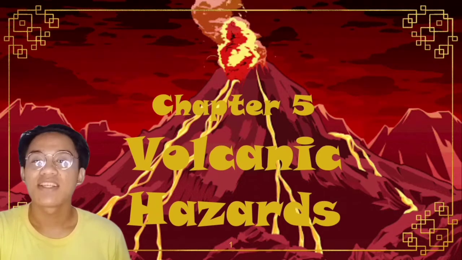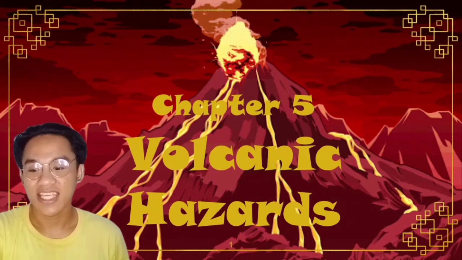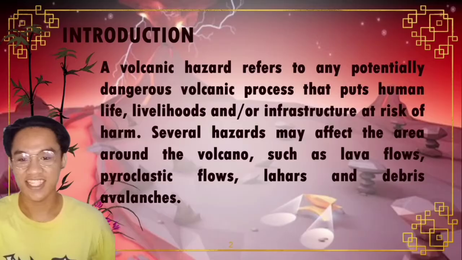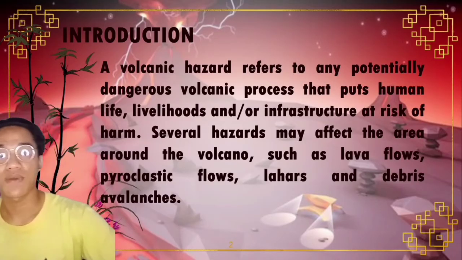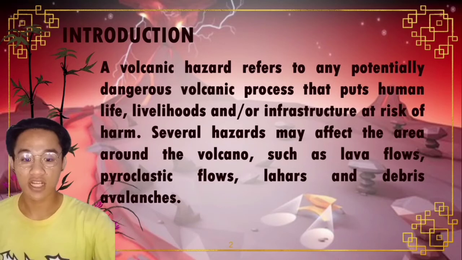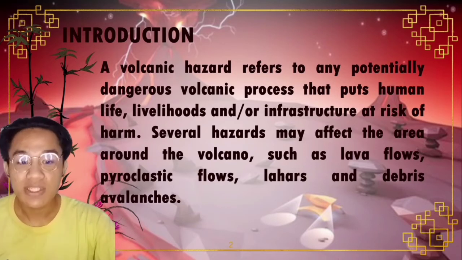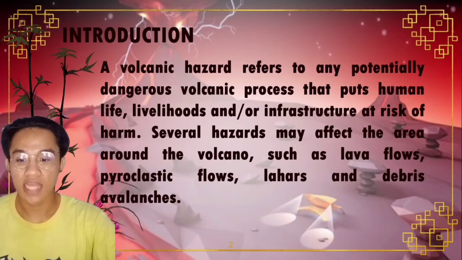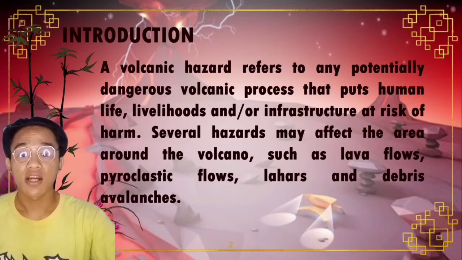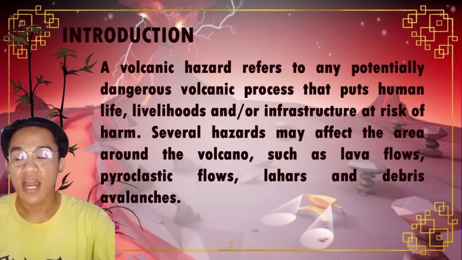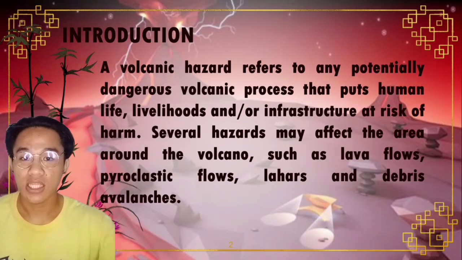So now, the question here is, what is volcanic hazard? A volcanic hazard refers to any potentially dangerous volcanic process that puts human life, livelihoods, or infrastructure at risk of harm. Several hazards may affect the area around the volcano, especially the people living around the volcano.